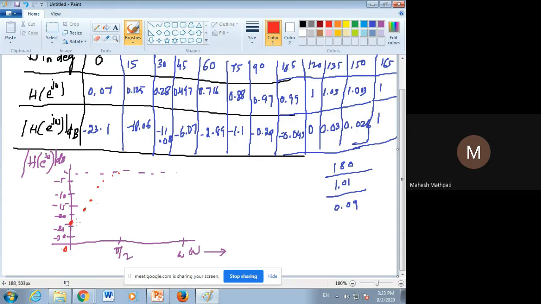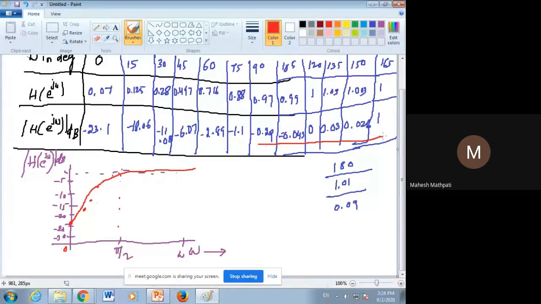So how it will look like? It's like looking like this way. So practically if you plot this, it will be looking like this way. Means here the cutoff frequency is. Understood? So if you look at these values, here you will not find much variation.